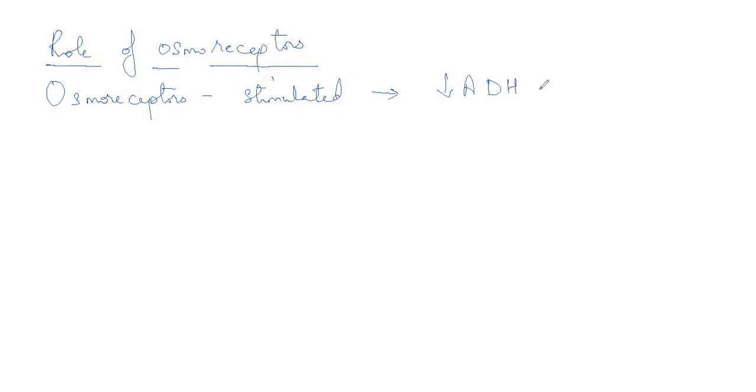Decreased ADH means increased urine volume.